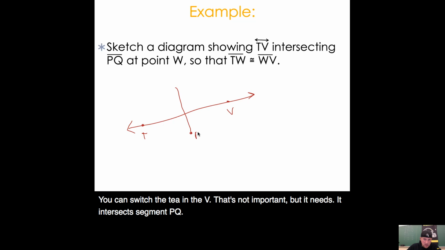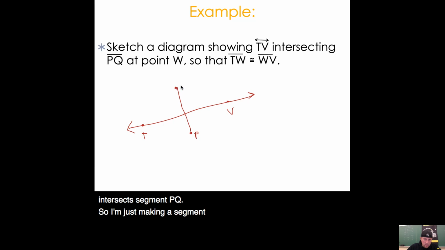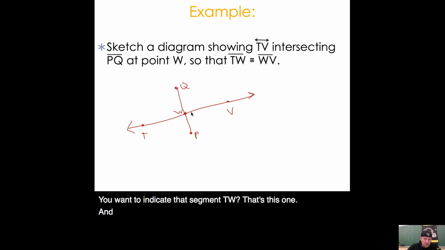So I'm just making a segment PQ, and it intersects it at point W. Also, you want to indicate that segment TW, that's this one, and segment WV, that's this one, are congruent.